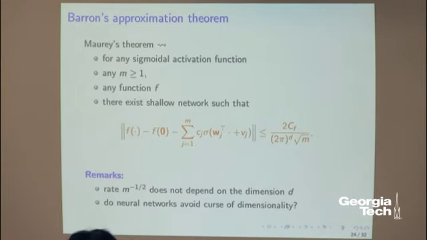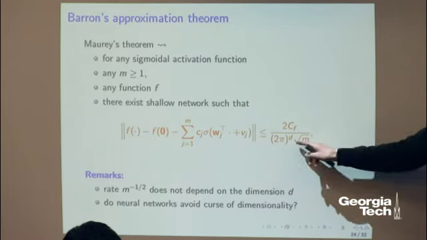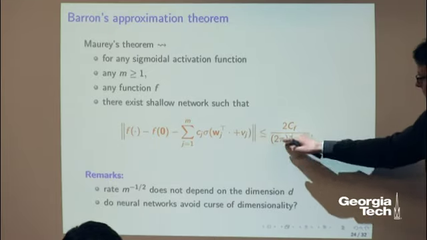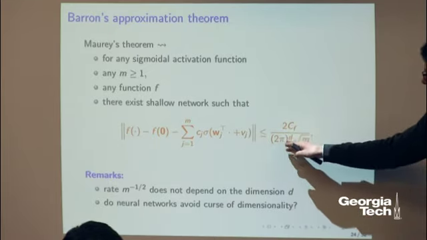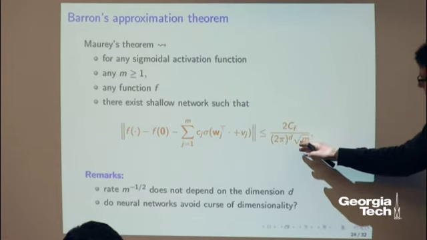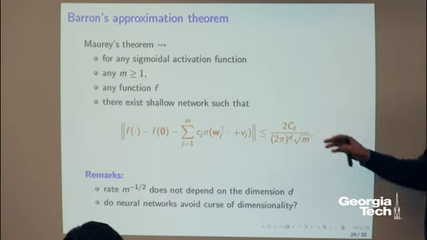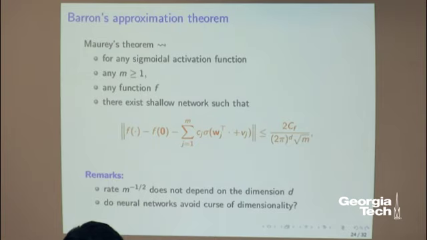What is interesting now, if you think back about our exercise from before, normally these approximation rates that we get scale somehow like 1 over d or minus beta over d or so. You don't see any d here. There's something in the constant, of course, depending on d, but the rate in m is just 1 over square root of m, so it's dimension free.